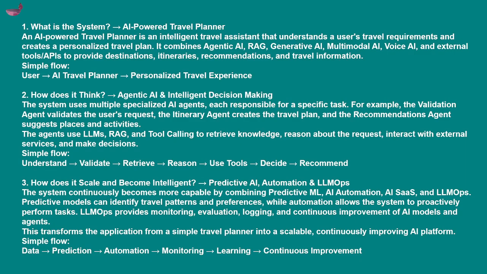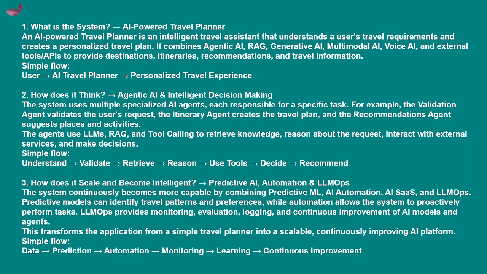It combines agentic AI, RAG, generative AI, multimodal AI, voice AI, and external tools and APIs to provide destinations, itineraries, recommendations, and travel information. So the simple flow is: the user gives a request to the travel planner and gets a personalized travel experience.